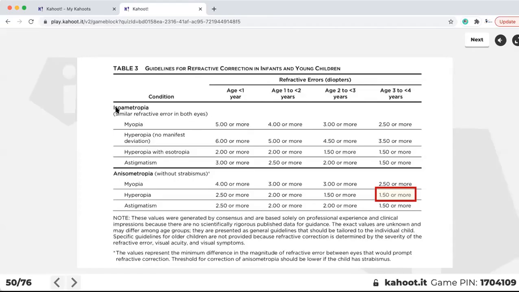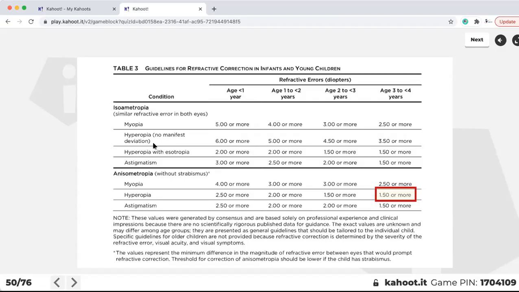And also it depends whether it is isoametropia, meaning similar refraction in both eyes, or anisometropia. It will also depend on the kind of refractive error, whether it is myopia, hyperopia, or astigmatism, and whether the hyperopia has manifest astigmatism, manifest deviation, or esotropia or not. These are the factors that will control the child's need for glasses.